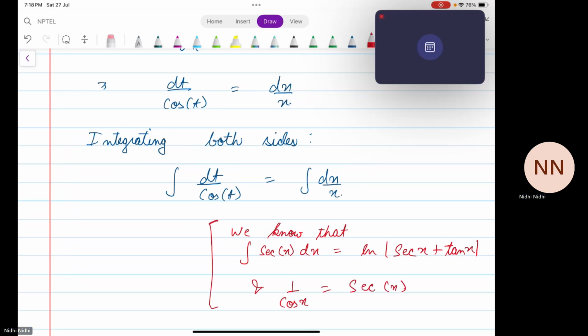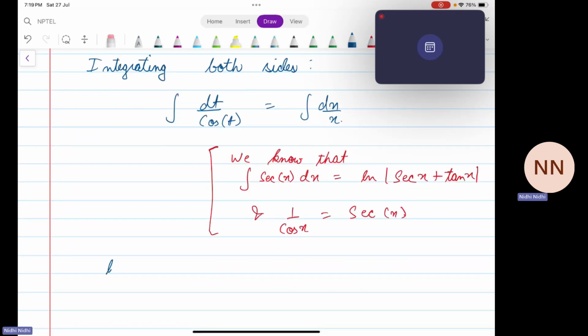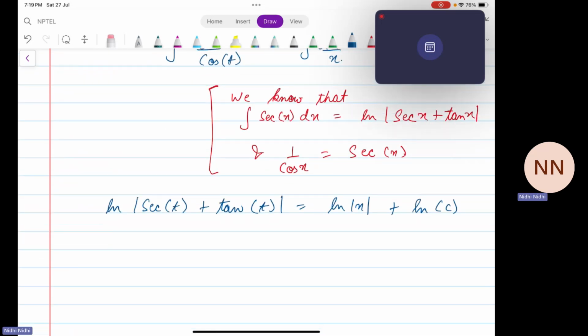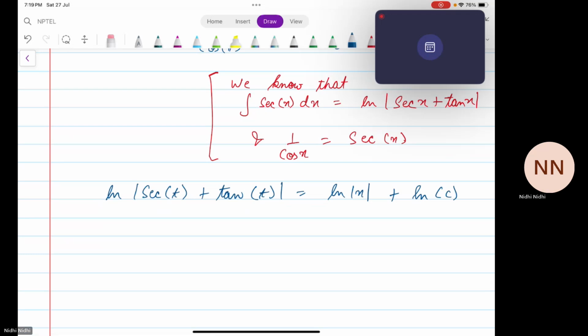Now using this information, we get ln secant t plus tangent t is equal to ln x, because integral of 1 by x is ln x, plus some constant, we'll take it to be ln c, so that we can use the properties of logarithmic function. So this gives us secant t plus tangent t is equal to some constant times x.